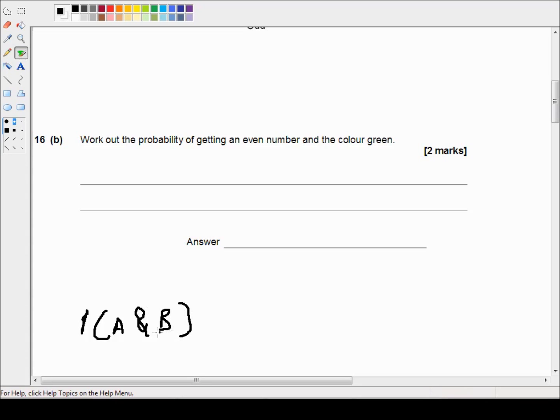Technically, if you were going to use set theory notation, you would use the intersection sign, A and B. Or if you were using Boolean logic, you might do it like this with a dot. But you could also just write A and B, whatever. It is equal to the probability of A times the probability of B.